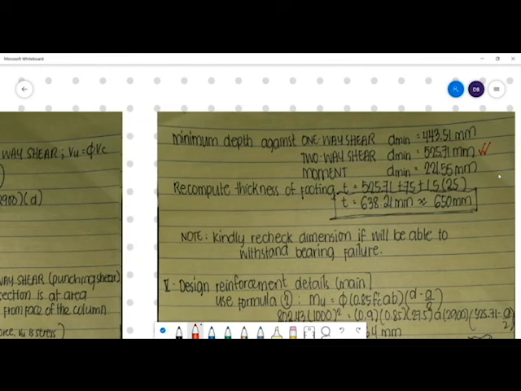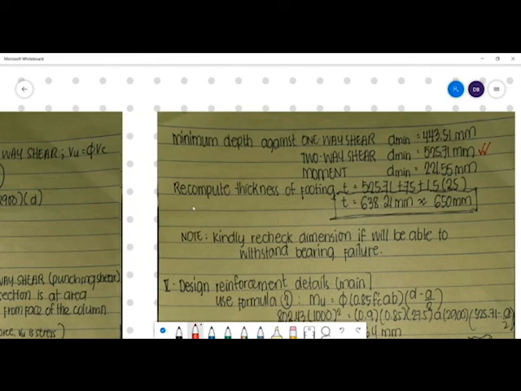So notice that against one-way shear and two-way shear, the d minimum for moment is small. So usually we no longer need to determine the d minimum against moment, because usually the one-way shear or two-way shear will govern. I will also explain to you why.